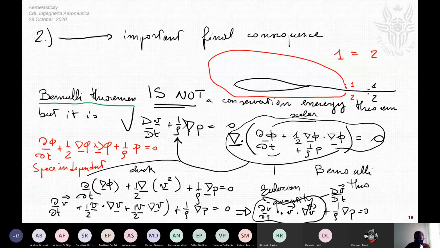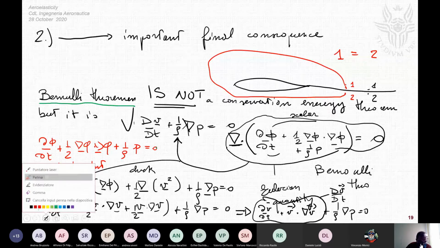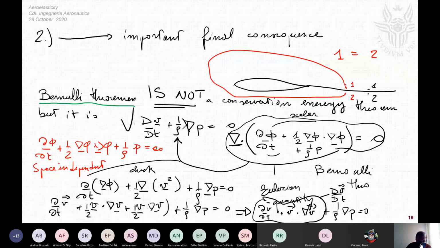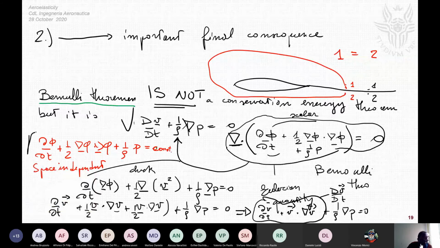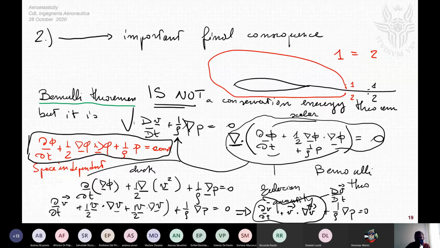In fact, if this is the statement of the Bernoulli theorem, let me write, equal to a constant in space, this statement is identical to momentum conservation or the Cauchy equation.